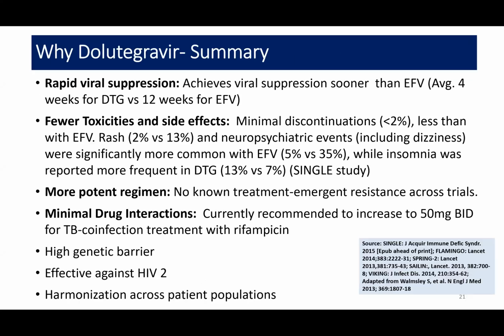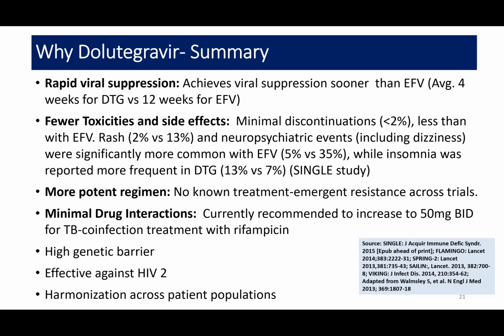So in summary, what we have discussed till now is DTG is very good for rapid viral suppression, which not only benefits the patient, but also reduces the risk of transmission from that particular patient to other sexual partners. Then fewer toxicities and side effects, especially if we compare that with efavirenz, and in turn resulting in good adherence to ART treatment.